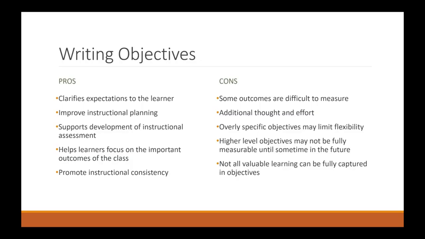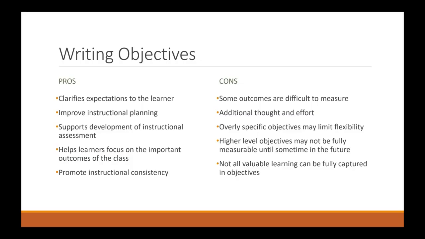Some of the cons are that some of the outcomes we work with are difficult to measure, particularly in the affective domain. Another con is that it requires additional thought and effort about what exactly you're trying to teach and what level of mastery you expect from the students.